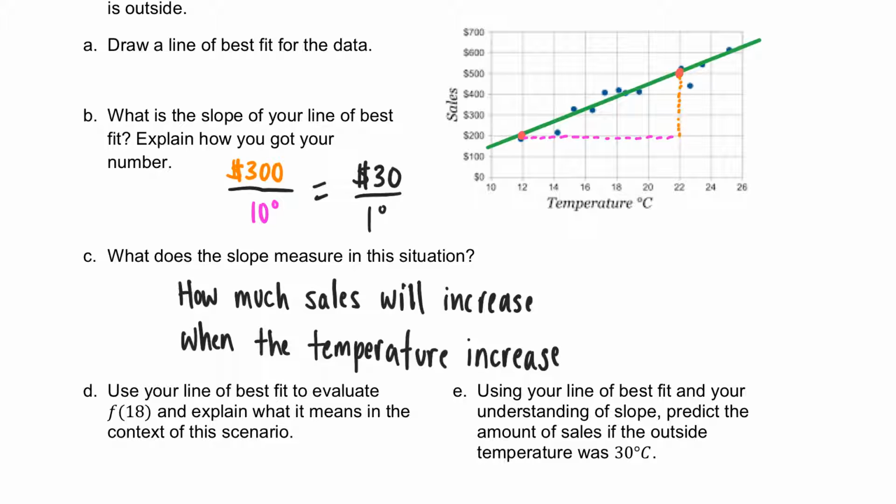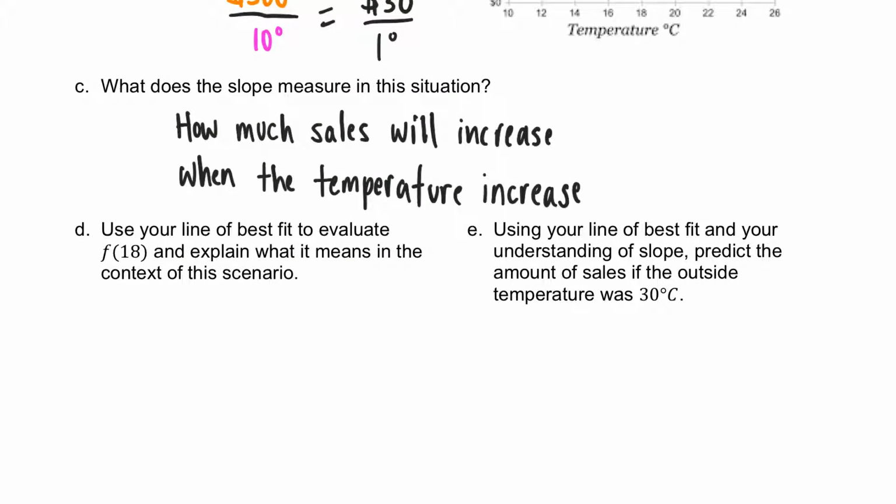So I'm just going to come up here at 18. I should probably use something other than blue here, how about a yellow color? That point right there, the y value, is f of 18. What is that? A little short of 400, so maybe about $390, maybe $380.